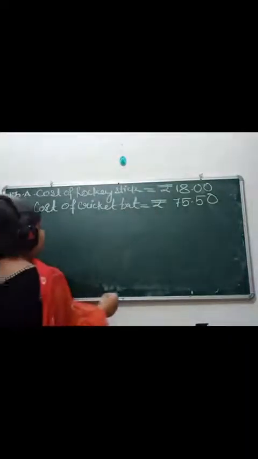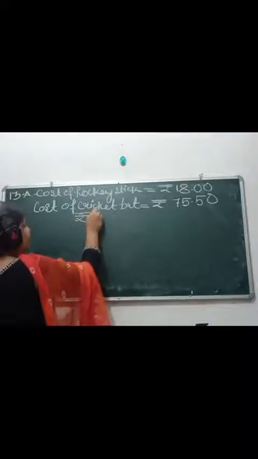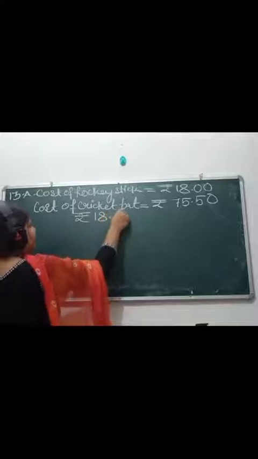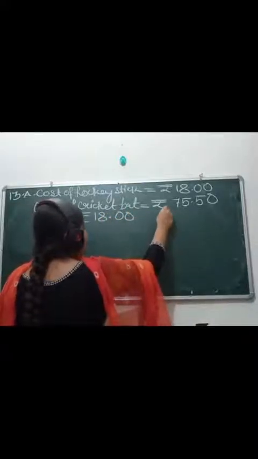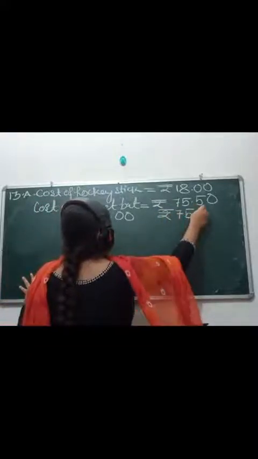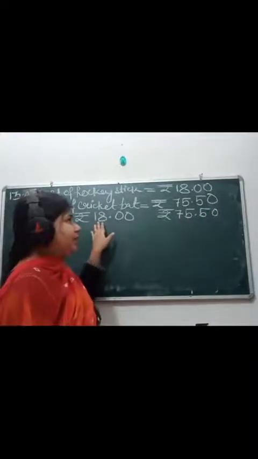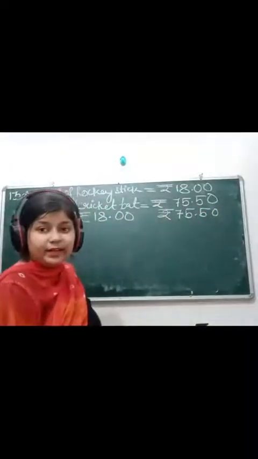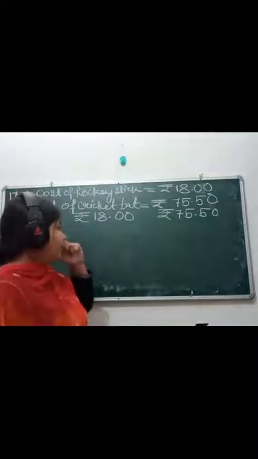The cost of the hockey stick is 18 rupees and the cost of the cricket bat is 75 rupees and 50 paisa. Now which is costlier? Which is greater, 18 rupees or 75 rupees?